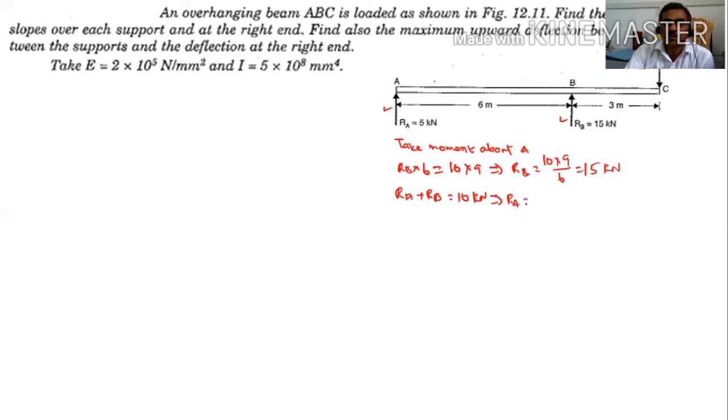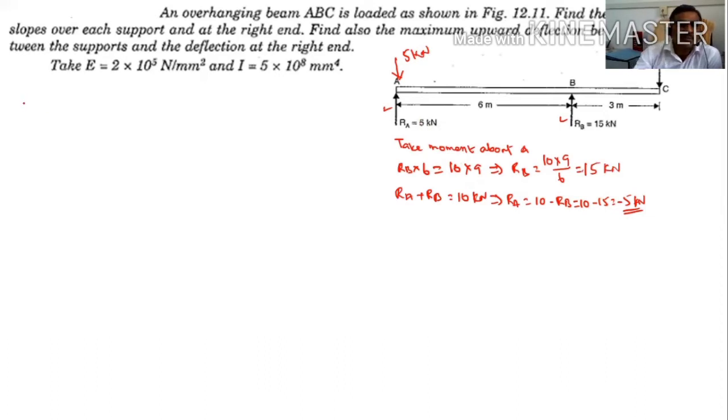RA is equal to 10 minus RB, and RB is equal to 15. So 10 minus 15 is equal to minus 5 kilonewton. What is the meaning? The minus means it is a downward load. A 5 kilonewton load is acting in the downward direction, right? So these are RA and RB.